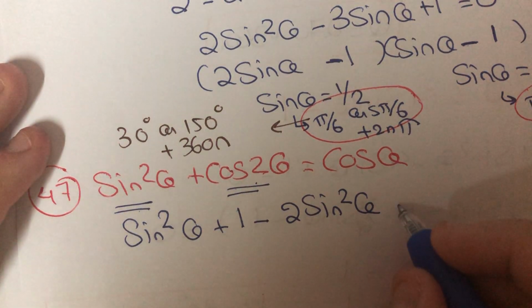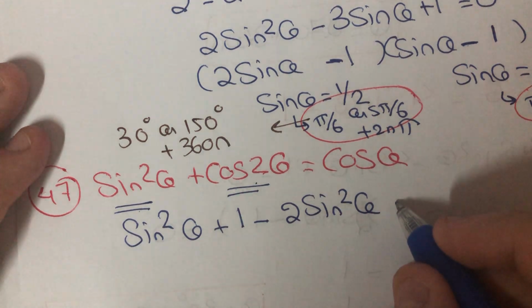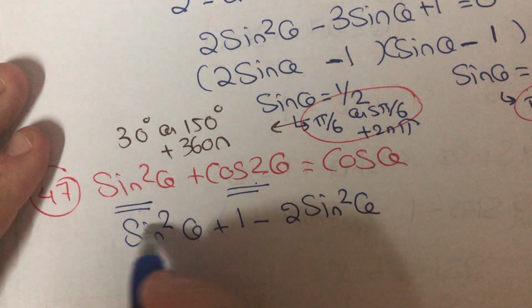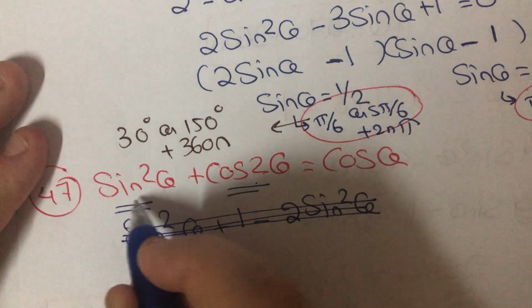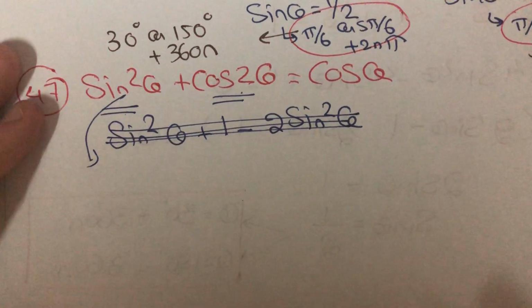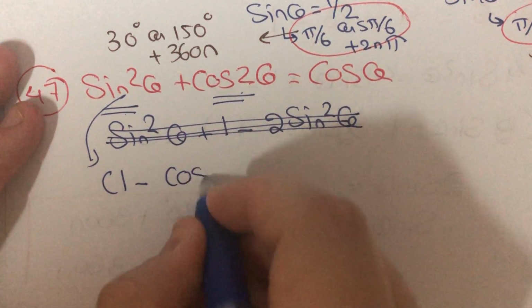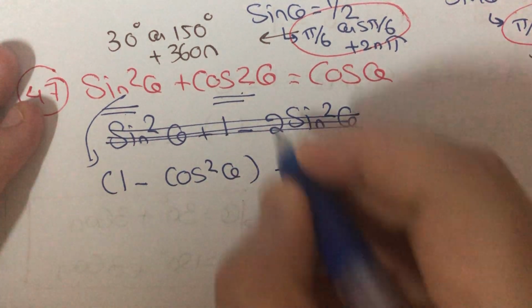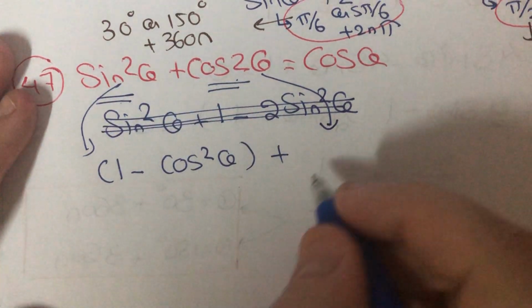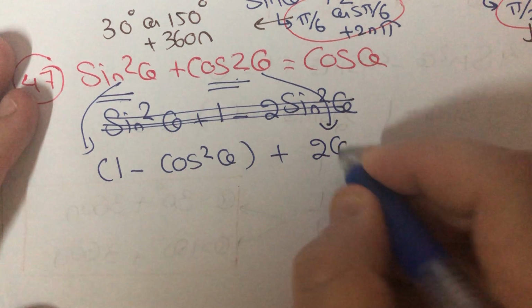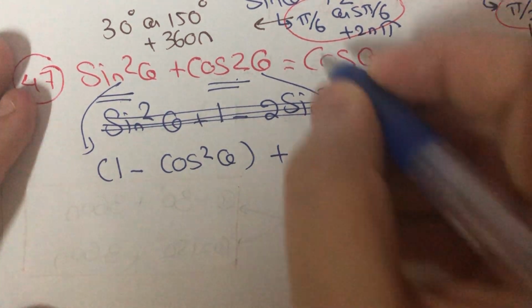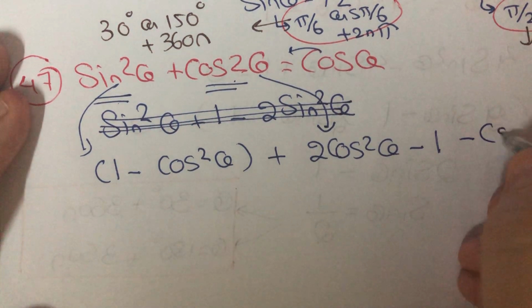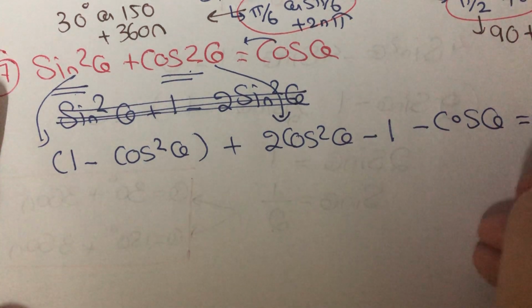Okay, actually it's not a good choice because I still have a cosine sitting here and I'm not going to get rid of it. So this one I would change better to 1 minus cosine squared theta, plus this one I would rather change to 2 cosine squared theta minus 1. I'll send this inside. Minus cosine theta equals 0.